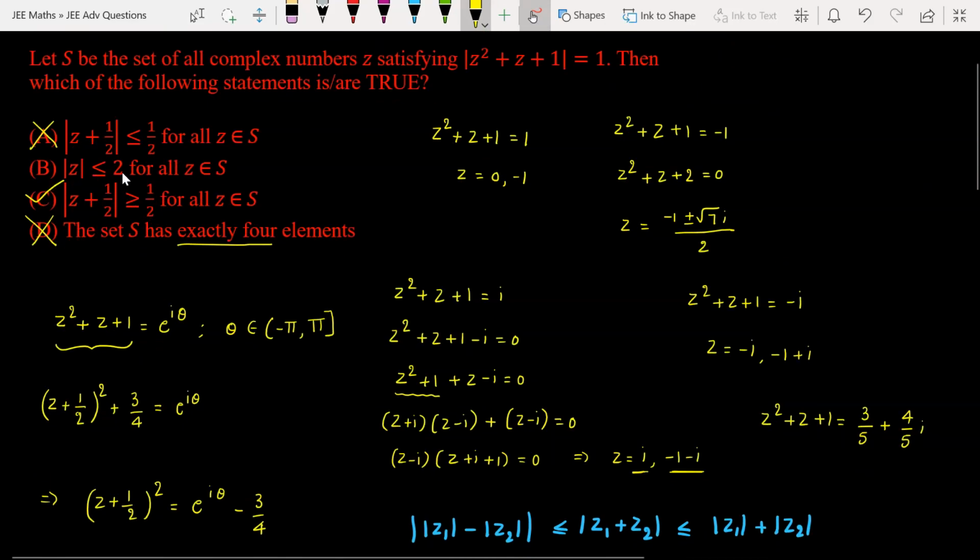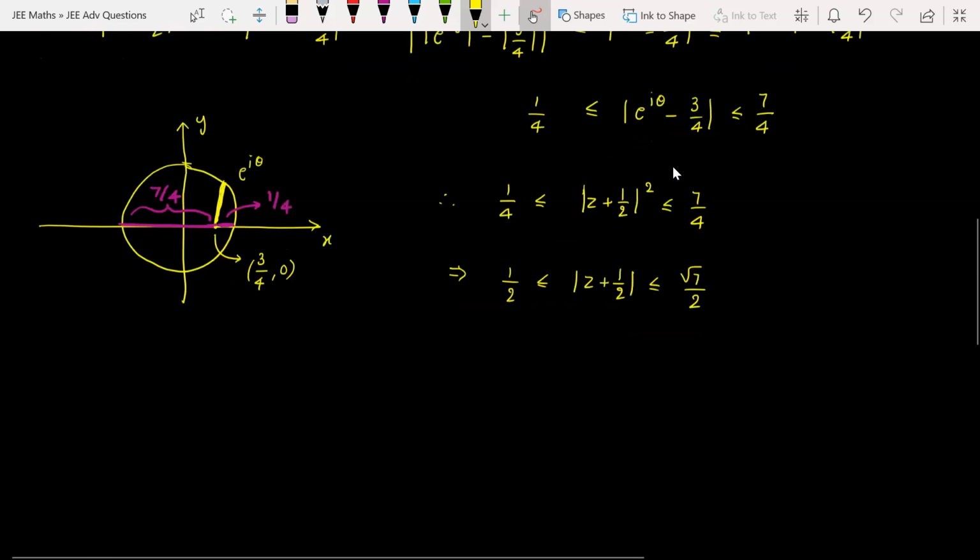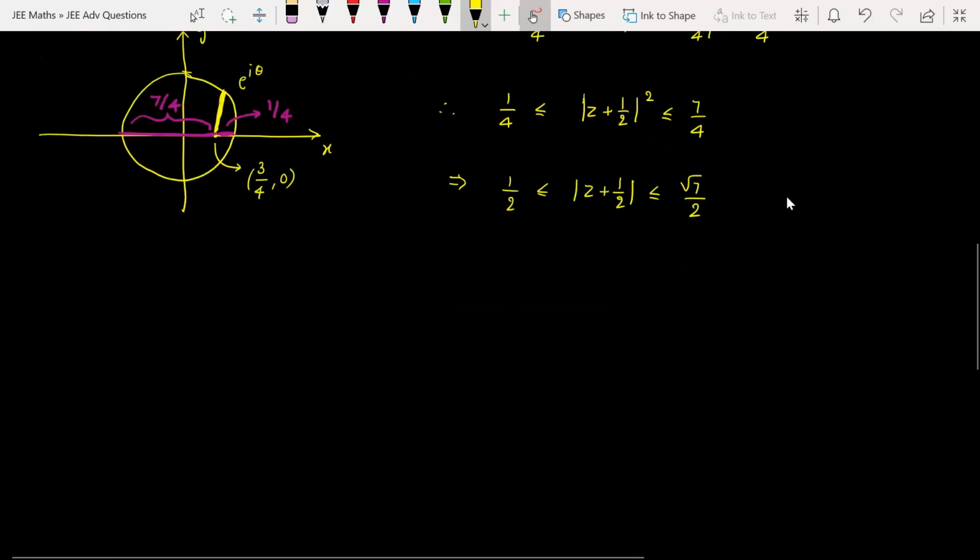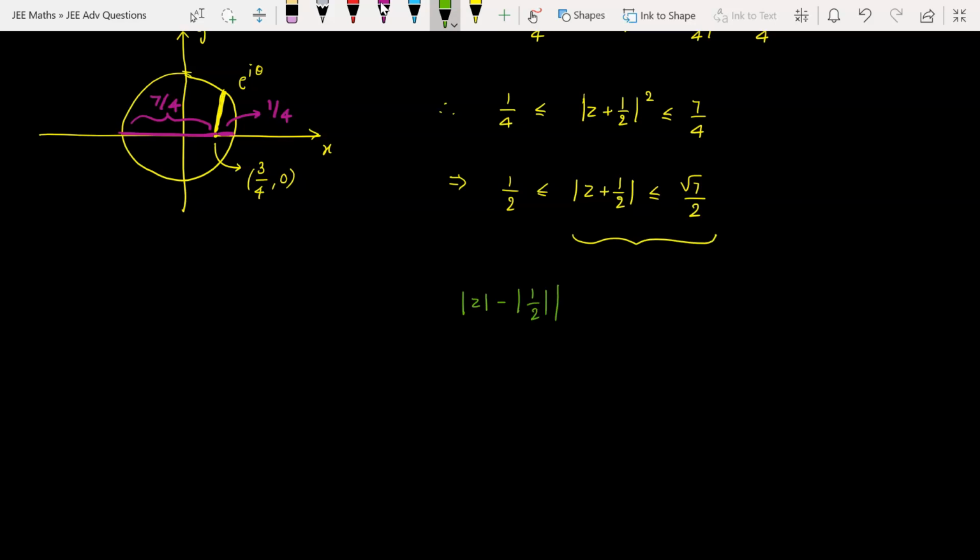option B. Option B talks about mod z. So we are looking for the value of mod z. Again we can use triangle inequality here. If I apply triangle inequality on this portion, we have mod z minus modulus of half, whole modulus, is less than or equal to mod z plus half, which is less than or equal to root 7 by 2.